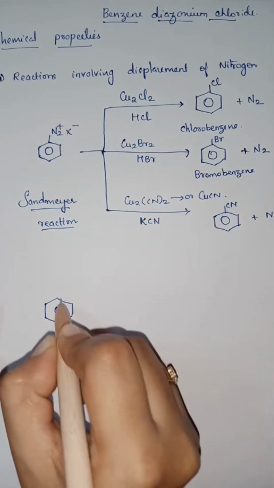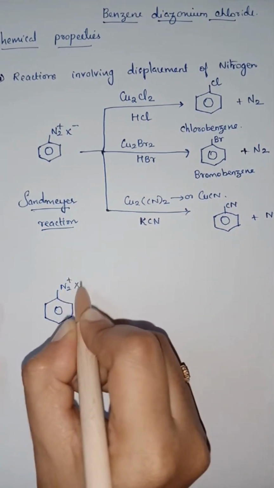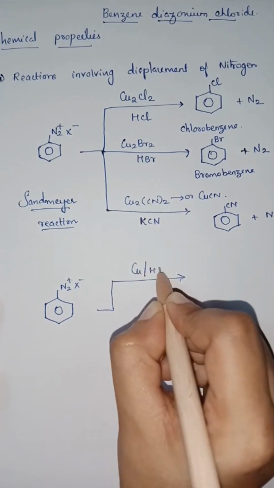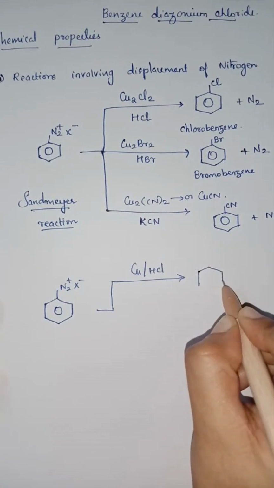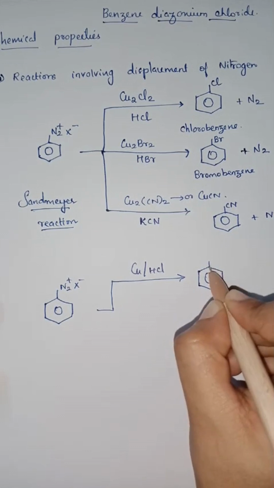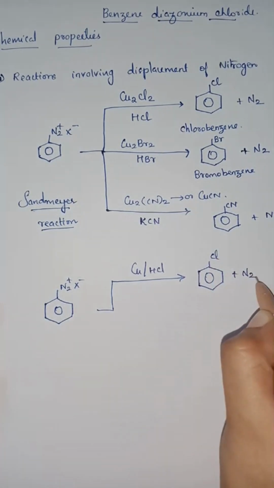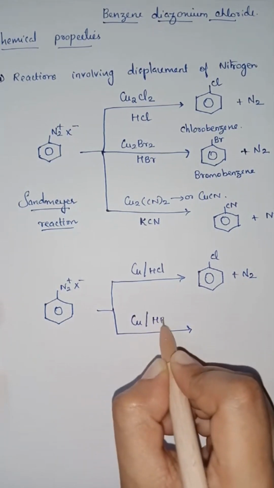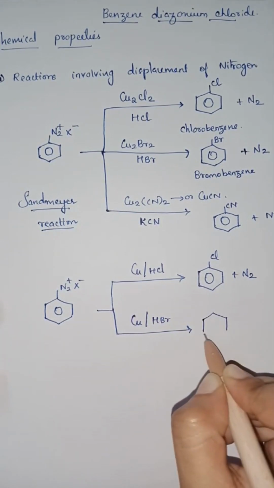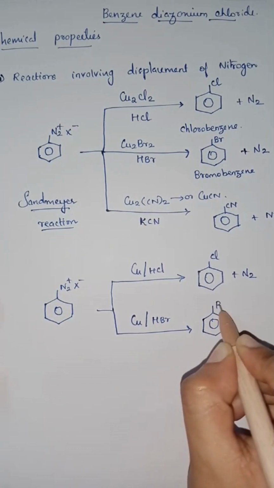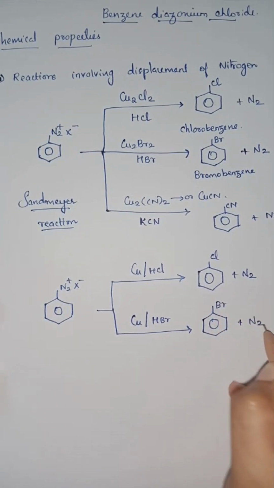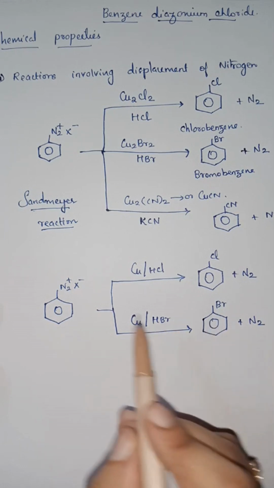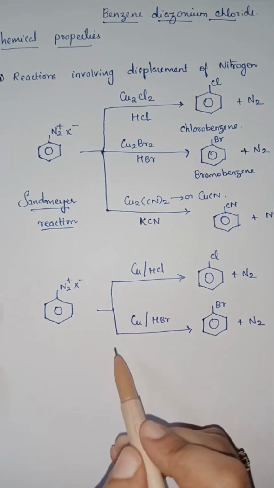Benzene diazonium salt, when treated with copper powder along with hydrochloric acid, gives chlorobenzene along with N2, and in the same way I can prepare bromobenzene. So both the methods' reagents are entirely different. Here I have prepared chlorobenzene, here I have prepared bromobenzene, but the reagent and the condition is different.